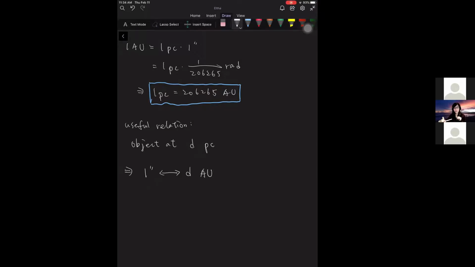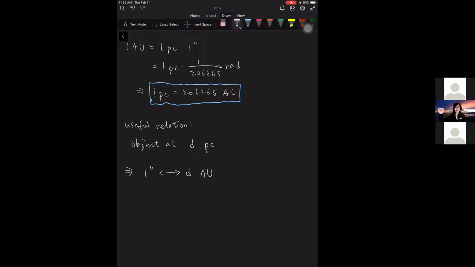So this is very useful because if we get any astronomical data for an object, and we know the distance of that object, then we can quickly convert the angular size to the linear size. We always need angular size in observations, right?